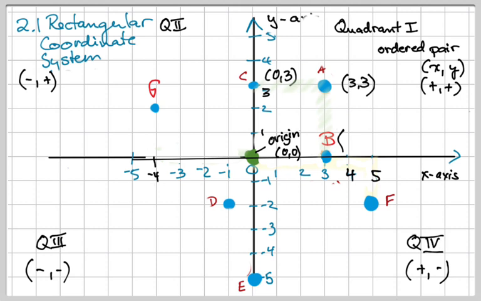It would be 3, 0. The x value comes first. So if we move on our coordinate system, we move to the right 3 units. That's our x value, but we're not moving up or down with our y value. So this point is 3, 0 for B.